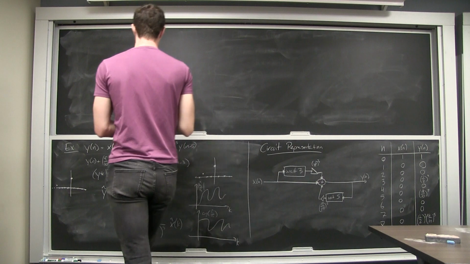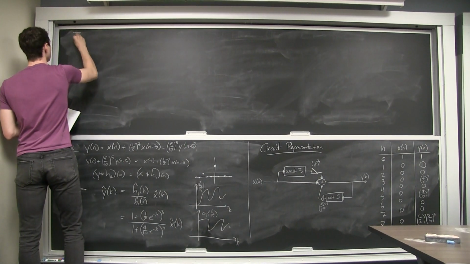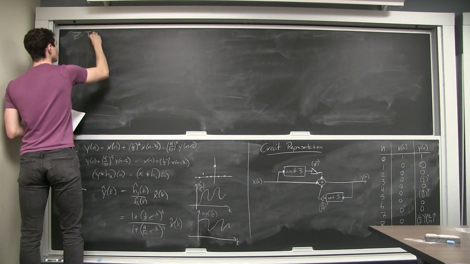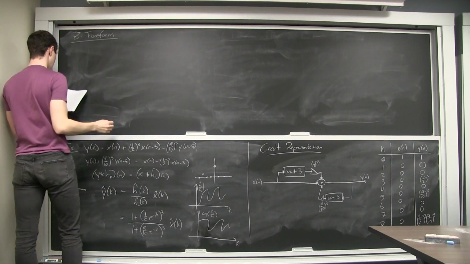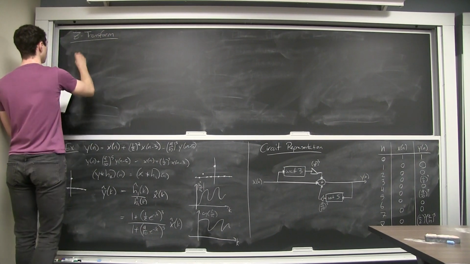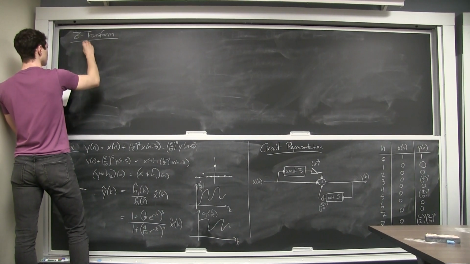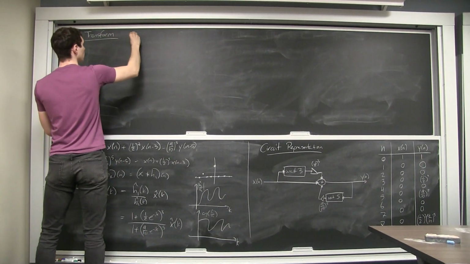That transform is called the Z transform. And it's basically a generating function. What does it do?